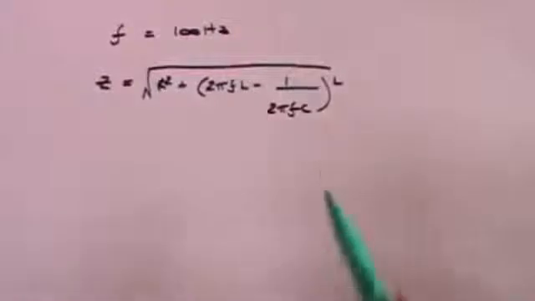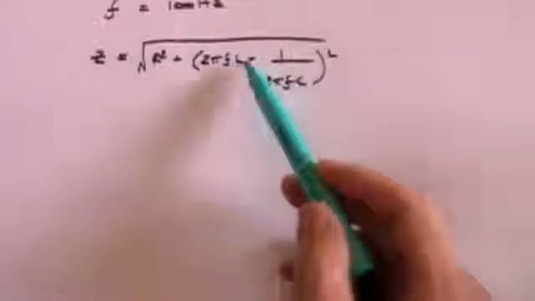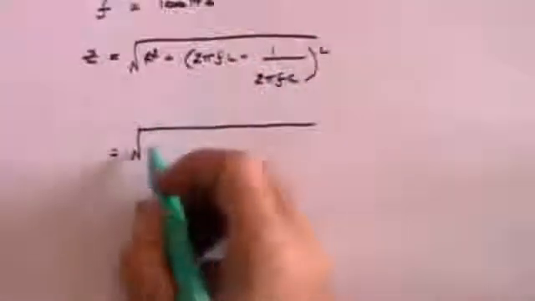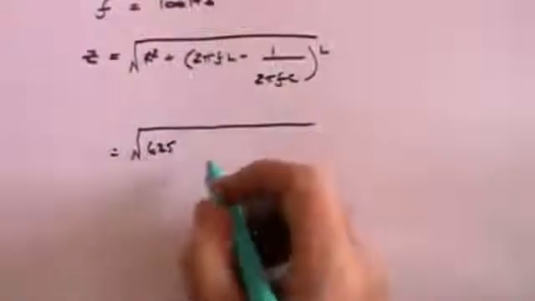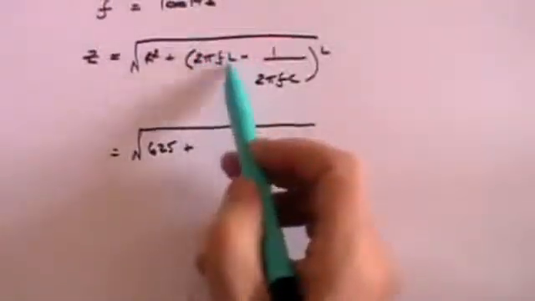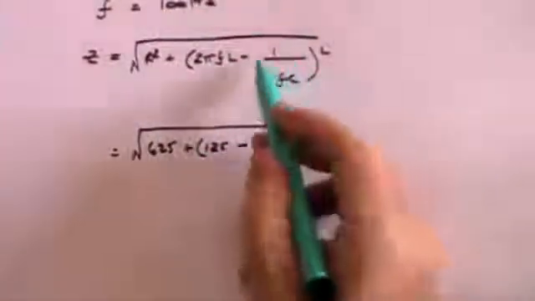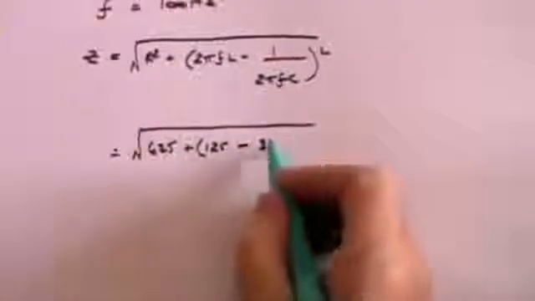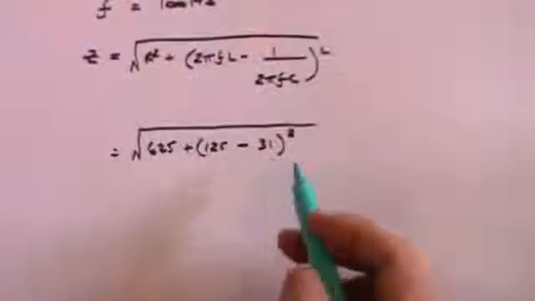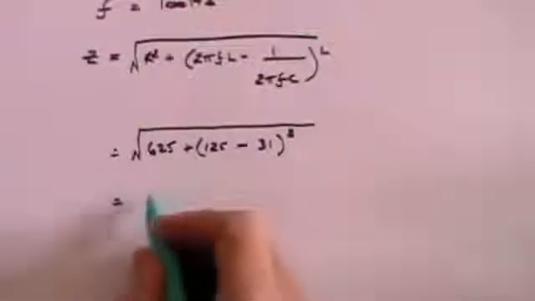But this time you would use F is 100 instead of F is 50. And so you would get that the total impedance would be R squared, which is 625, plus this term with F as 100 will now come out at 125, and this term will come out at 31. So now you get (125 minus 31) squared, and that will give you a total impedance, if you calculate it, of 97 ohms.